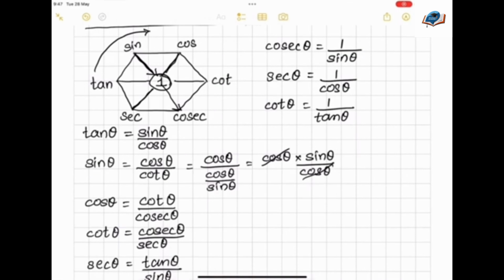Now one doubt arises in my mind: if instead of clockwise I start anti-clockwise, then cot theta will be equal to cos theta upon sine theta. Both the ways you can move and you will get the correct formula.